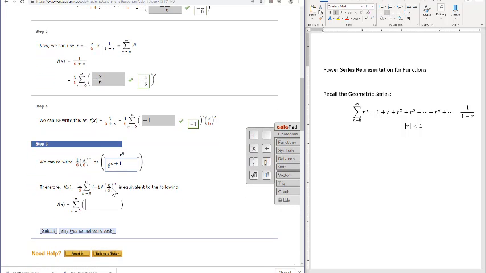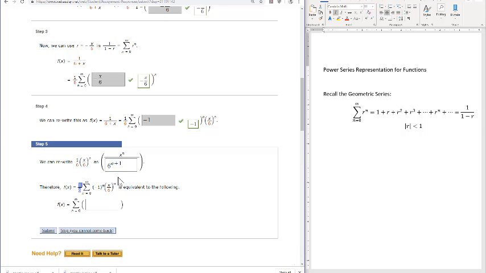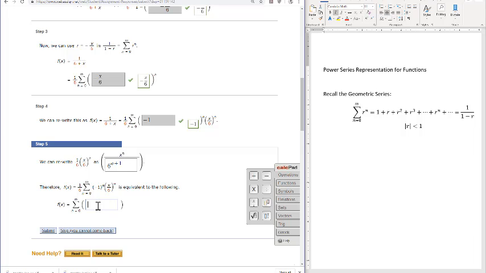Therefore, getting this 1/6 into there, it's going to be equal to this whole thing. So we have an alternating series. That's a minus 1 raised to the nth power. And then we have a series after that, x to the n.